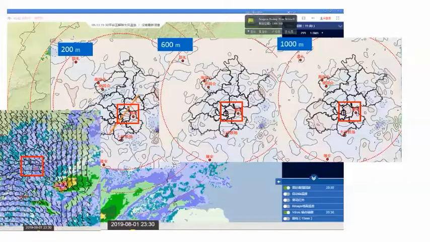In the red box, the convergence existed from 200 meters to 1000 meters, but the sounding at 20 o'clock showed a high level of free convection, almost at 3 kilometers. So can it break the inhibition and reach the level of free convection? And what other trigger elements are there?